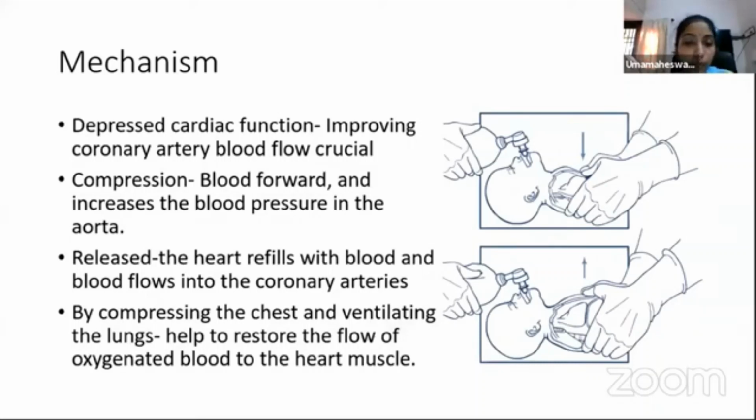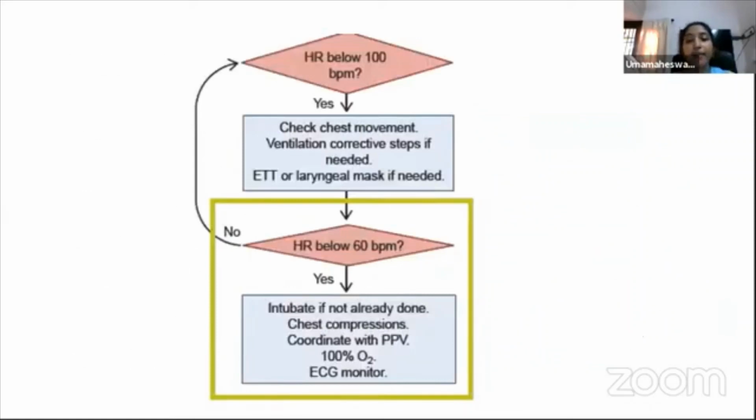It is not a mechanical forward flow; it improves the coronary perfusion. So by compressing the chest and ventilating the lungs, one would help to restore the flow of oxygenated blood to the heart muscles.